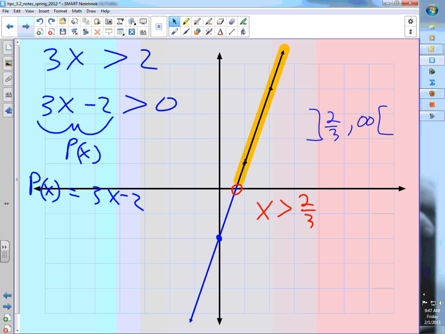Well, that's when they're above the x-axis, and it's on this side of the graph. The x's where that occurs are the x's that are greater than 2/3. So our interval would be from 2/3 to infinity, our solution. Again, not how you would solve this problem. You would just simply divide by 3, and there's your interval. Easy to do.